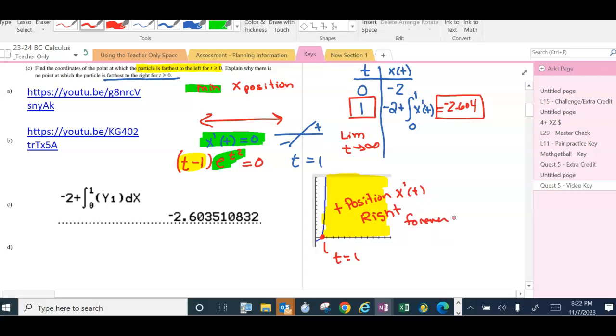And now we just need to put that into a form that the AP board would like. So we can say at t equals 1, we're farthest left. At t greater than 1, x prime of t is greater than 0, we're always traveling right.